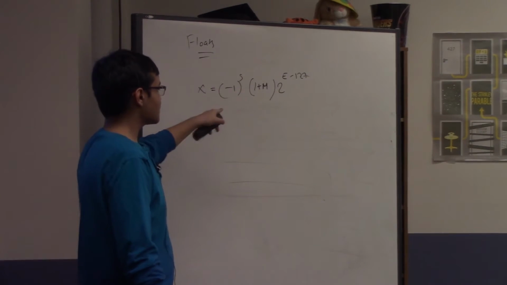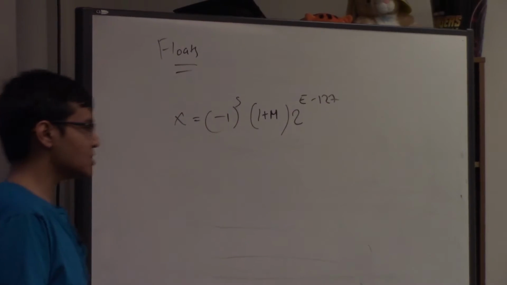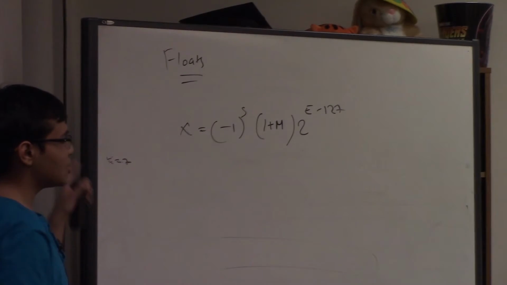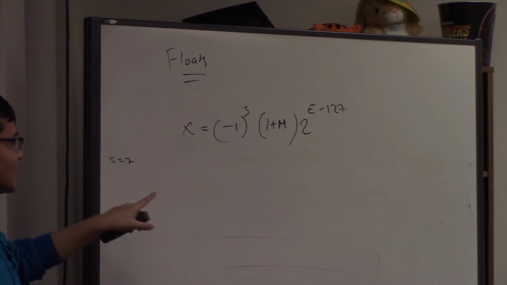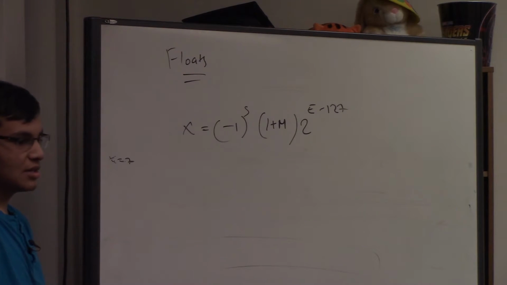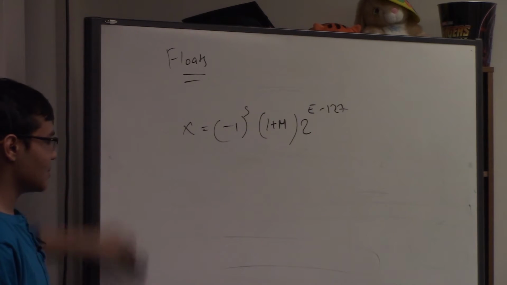Here e is the exponent after the bias which we've added. Initially our e was equal to 7, which after we added 127 became 134. Now we're just subtracting that 127, getting the 7 back, and that's how we can compute it.